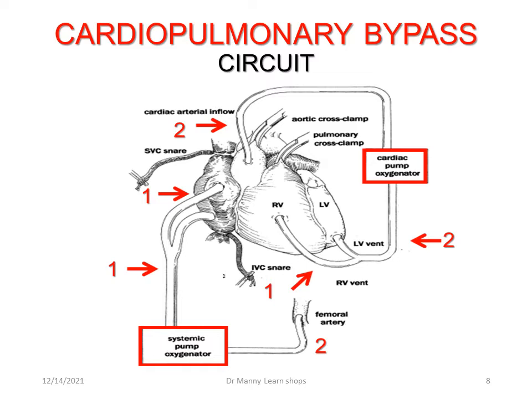Blood is extracted from the atria and the ventricles to keep the heart static, motionless, empty, no air, no blood, so the surgeon can do what they have to do in relation to cardiac surgery.